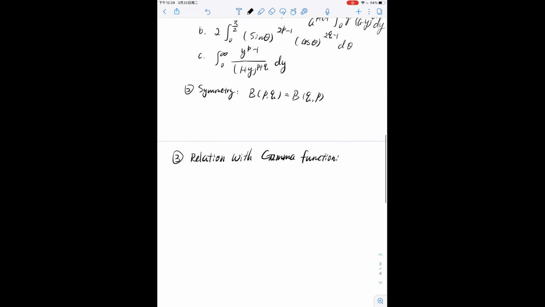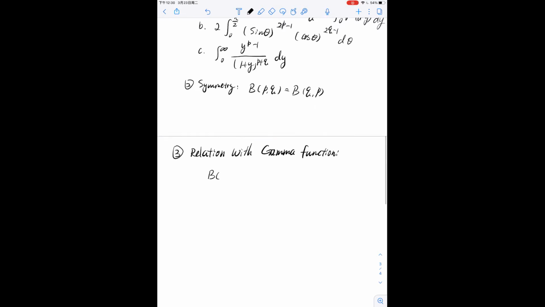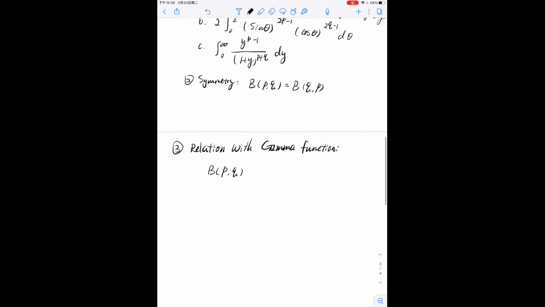Since the gamma function has some very interesting and useful recursive relationships, if we can find a relation between the beta and gamma functions, we can use the gamma function's properties in the beta function. So B(p,q) equals gamma(p) times gamma(q) divided by gamma(p plus q).